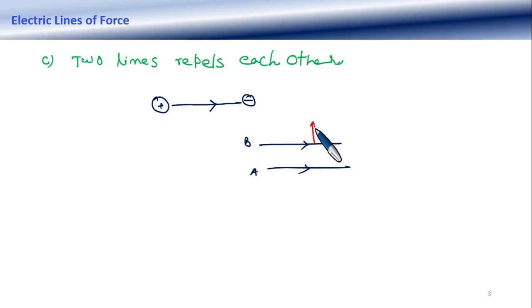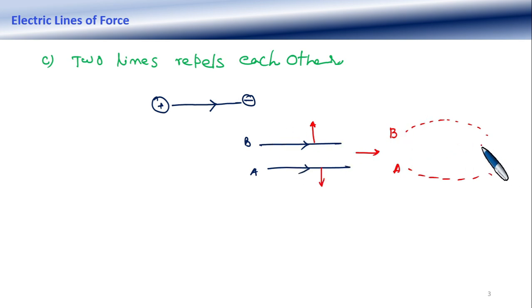That means the force is outward. And also B exerts some force of repulsion on A and it is outward. And according to this, the result will be something like this one.